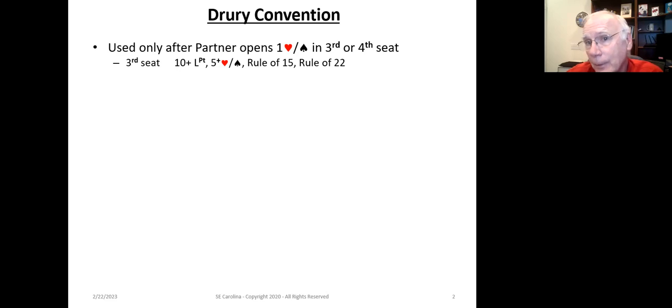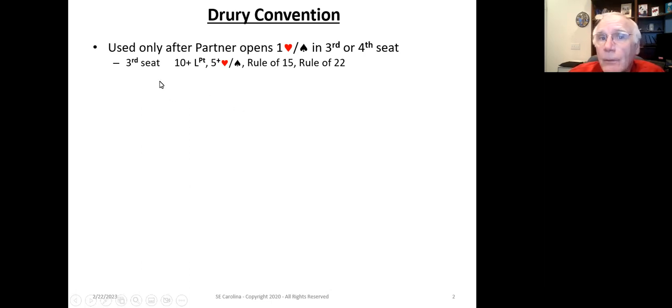However, if you're opening in third or fourth seat, you know you've got 13 plus points, and you know your partner could not open. So, okay, and now there's some subtle differences between third and fourth seat.